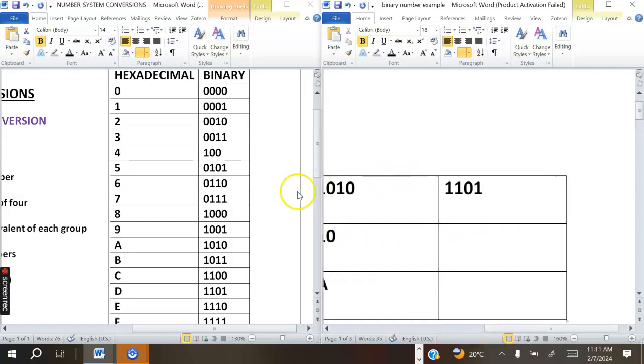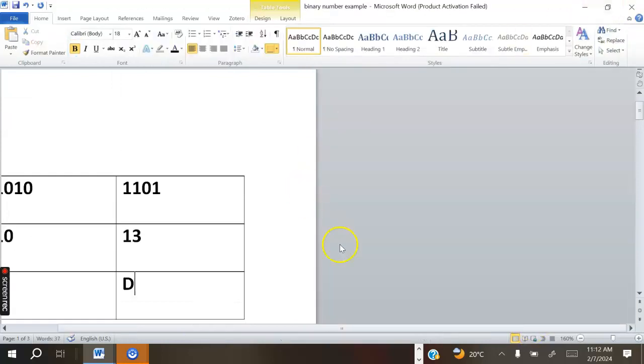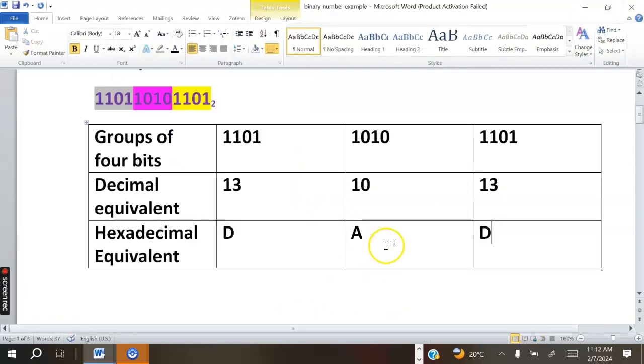While 1101 is supposed to give us a value of 13, the decimal, which is equivalent to D. So we have already the solution for the whole thing.